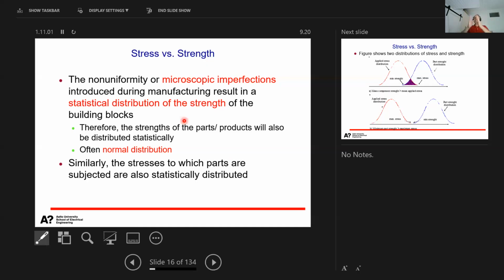It can be a very narrow distribution if our process is very nicely in control. For example, all the dimensions when we are doing the manufacturing of that capacitor by thick film screen printing and such things. So how well everything is in control defines the width of the distribution.